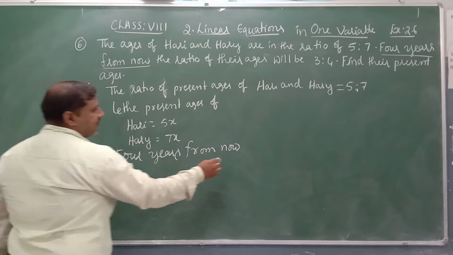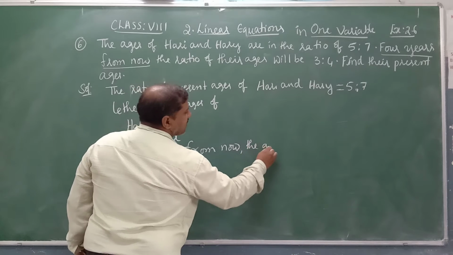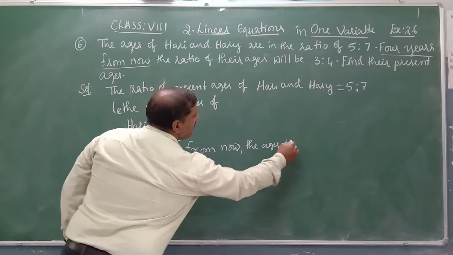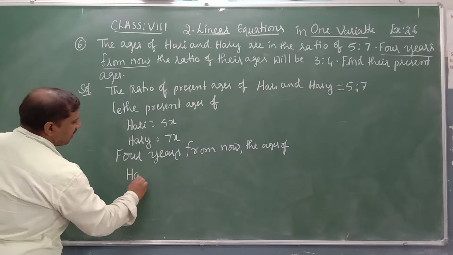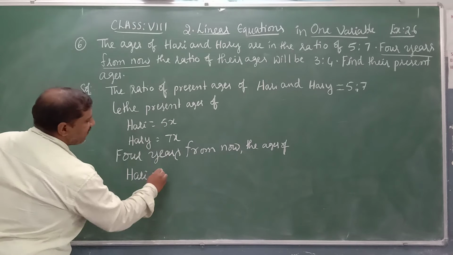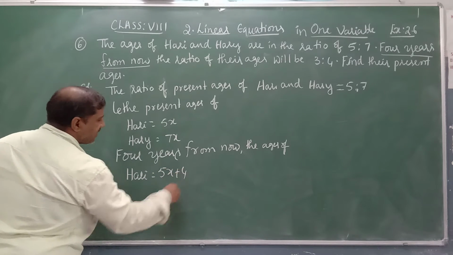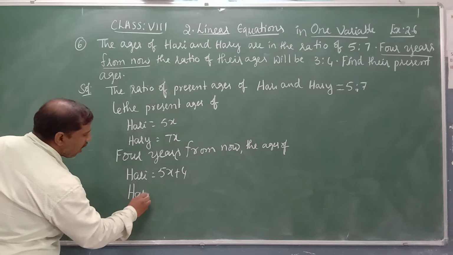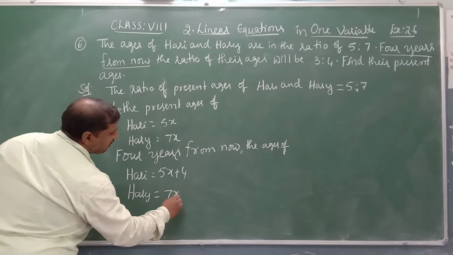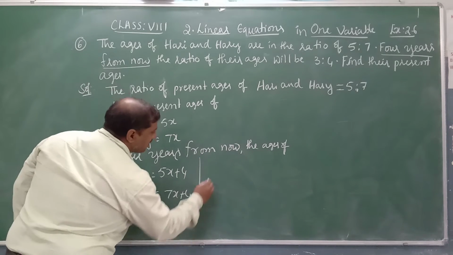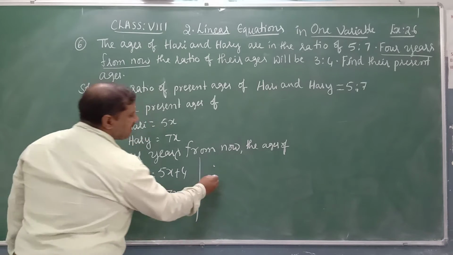So 4 years from now, the age of Hari is 5x + 4, whereas Harry is 7x + 4. Now what is the ratio of their ages after 4 years?